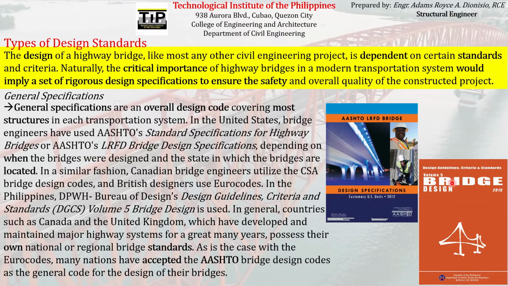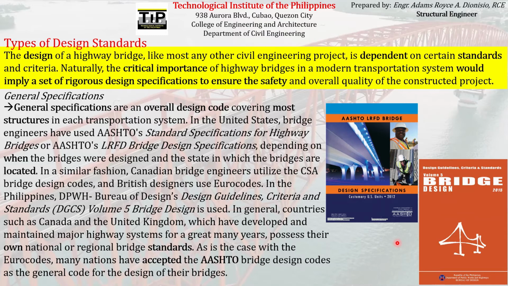Before, we were using NSCP Volume 2 as our reference whenever we designed horizontal structures. Although the problem there was that Volume 2 of the NSCP was not consistently revised through the years, so it does not undergo periodic revision and updates.